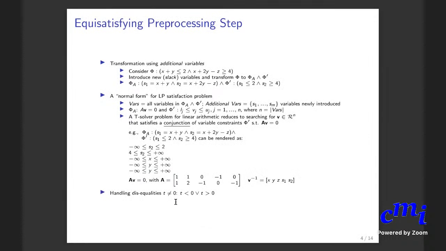Now, disequalities like t not equal to 0 can be converted into t less than 0 or t greater than 0 at the Boolean structure level.